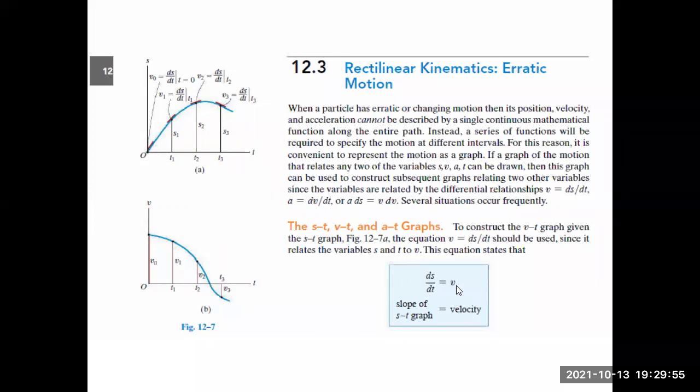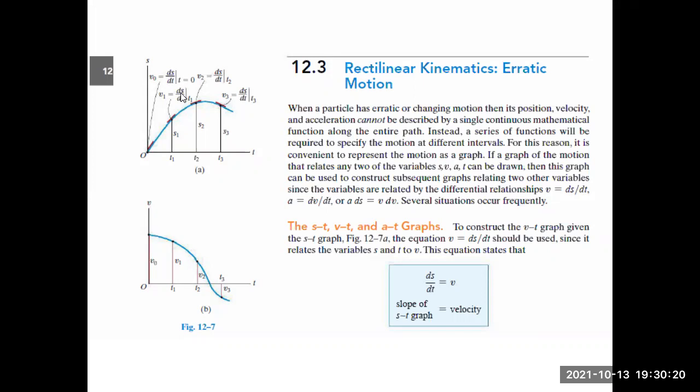Then once you differentiate, if you have an equation, I plot the equation here and differentiate it. When t is equal to 0, you're going to get v sub naught, which is this value. If you want to get v1, you just use the same differentiation.